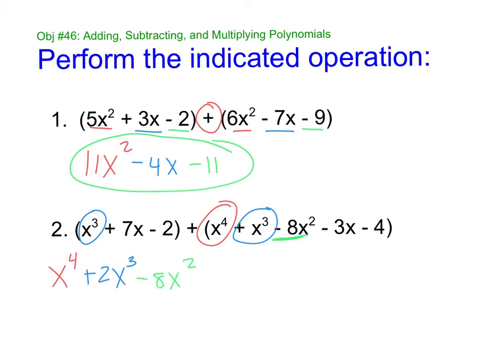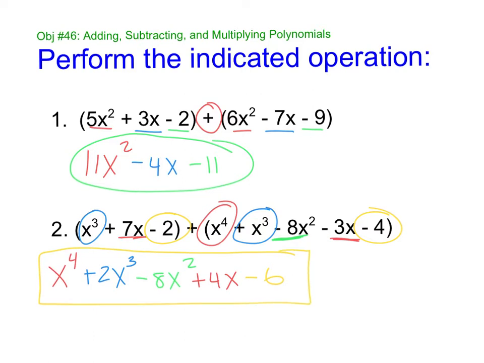So it's just chilling. I'm going to go back to a different color now. 7x goes with negative 3x. So that's plus 4x. And those last two, negative 2 minus 4, gives me negative 6. And that is my answer. If you have highlighters, I really like highlighting. I think it's helpful.